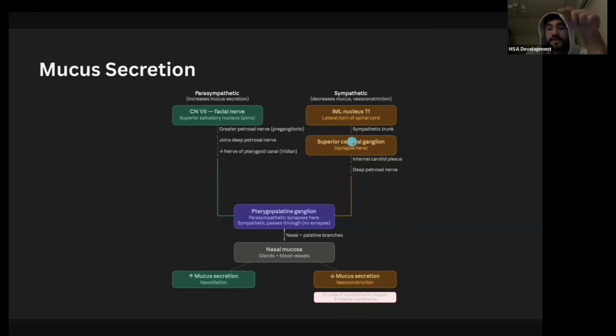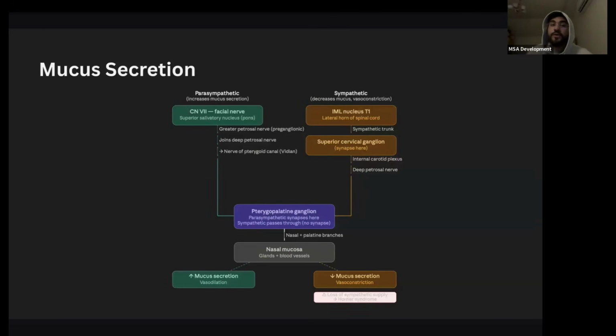Then through the deep petrosal nerve, they will pass through the pterygopalatine ganglion. They do not synapse, they just pass through. Then they go to the nasal mucosa, cause vasoconstriction, and decrease your mucus secretion.